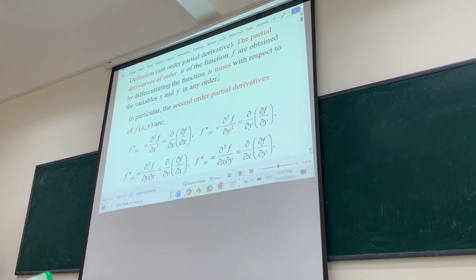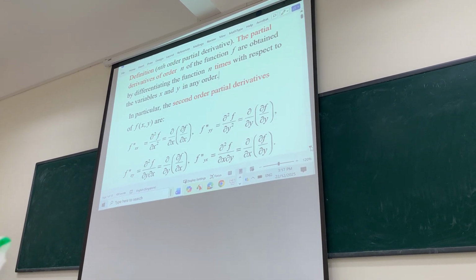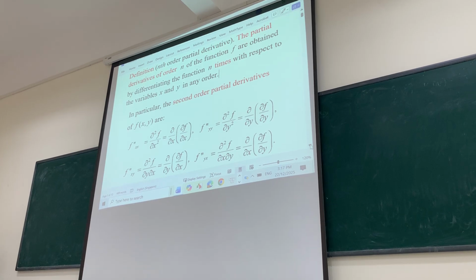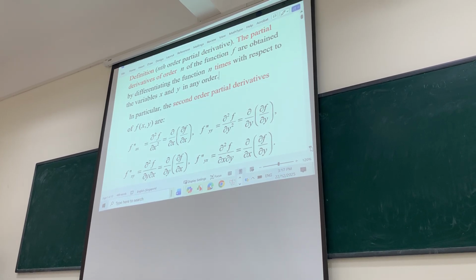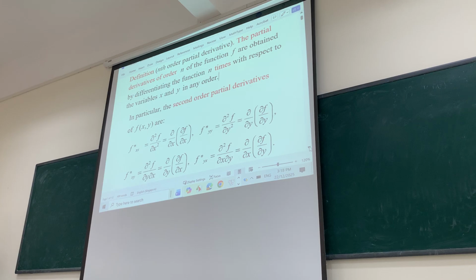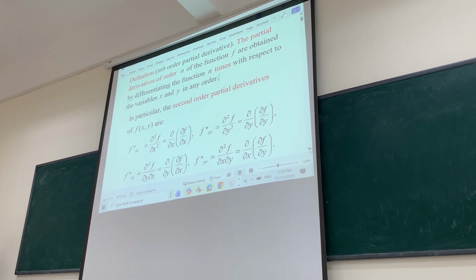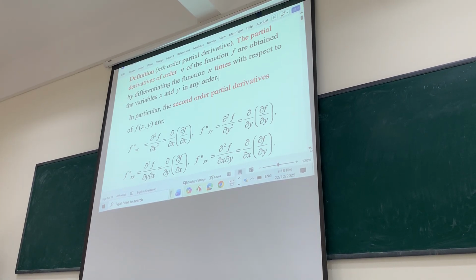We have the forms of partial derivatives f double prime xx, f double prime xy, f double prime yy, f double prime yx. Okay, we can write them out. After that, I will explain why we have these.